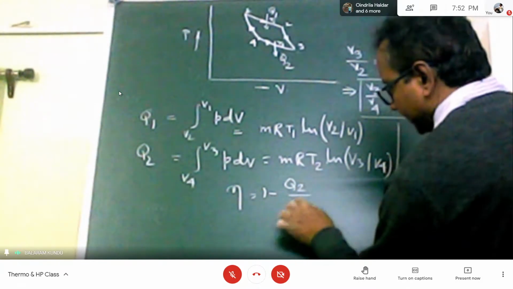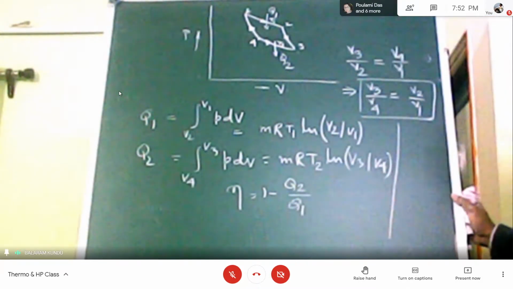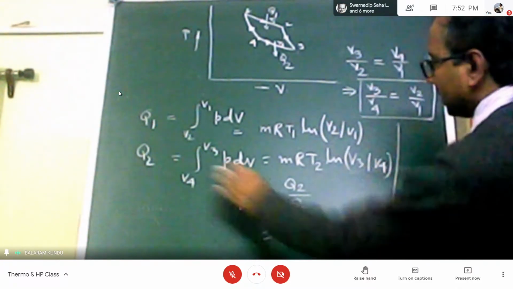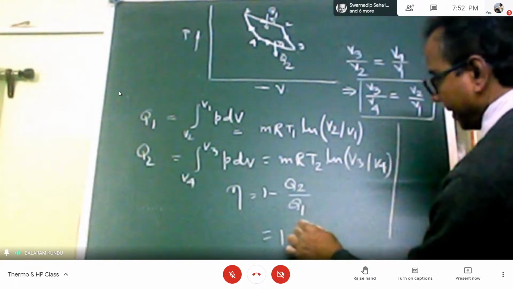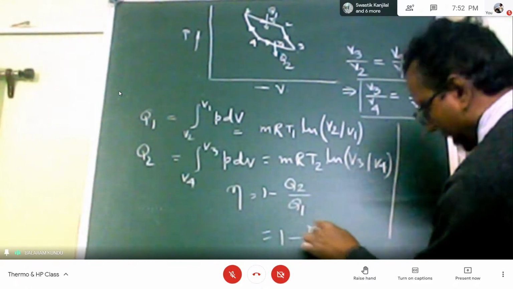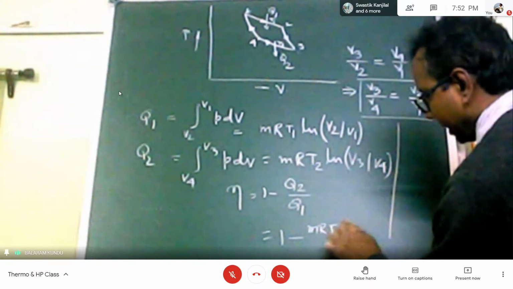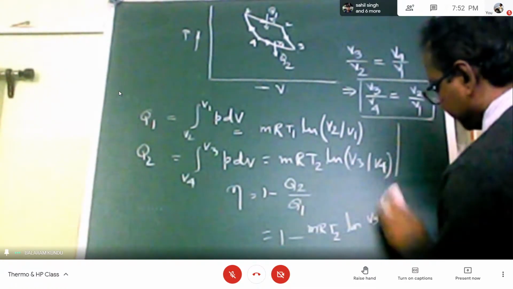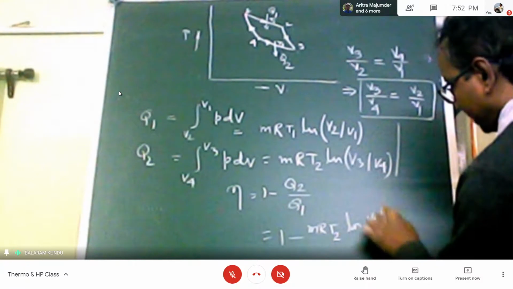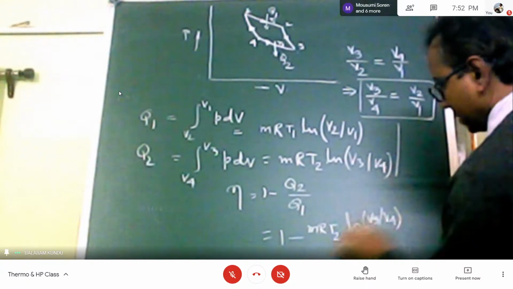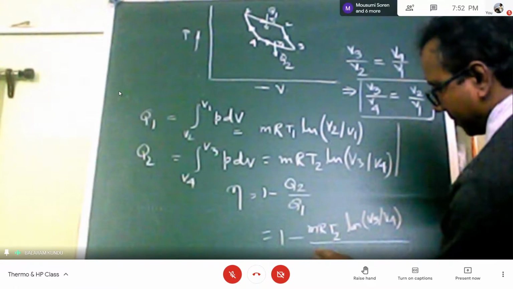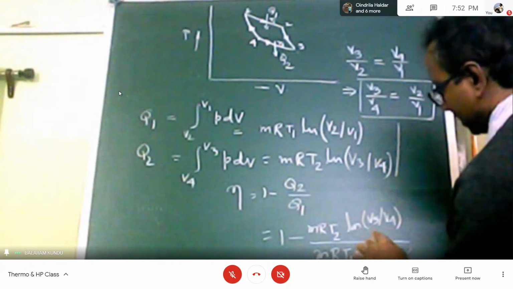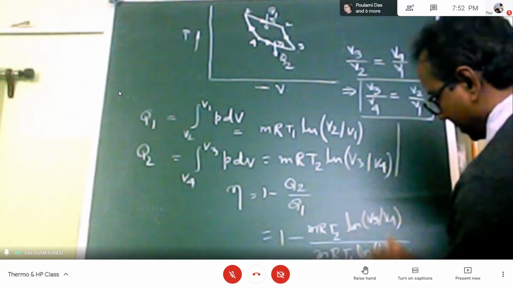That is the mathematical expression of the efficiency of the Carnot engine, which equals 1 minus nRT2 ln V3 by V4 divided by nRT1 ln V2 by V1.